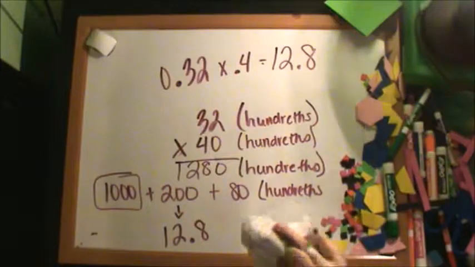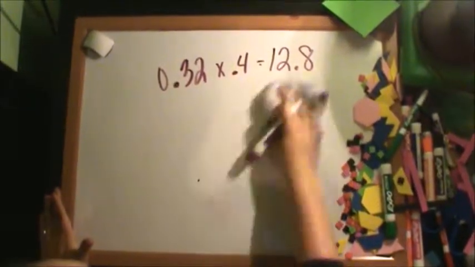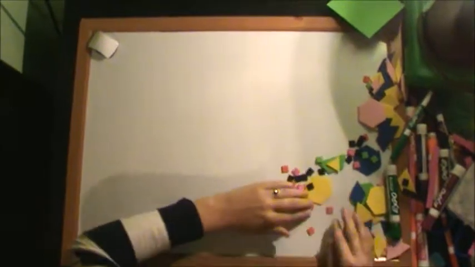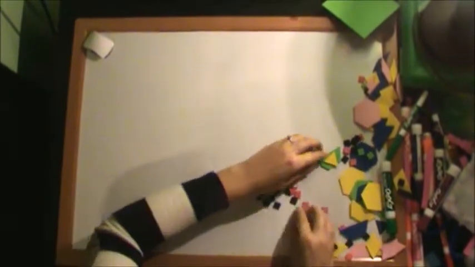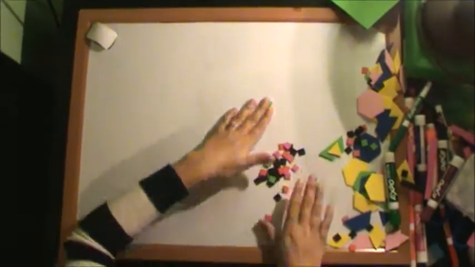Okay, so how can we show this with manipulatives? That will be my second invented strategy, because you can actually draw this as well. So these are going to be my hundredths, these little squares. These typically represent ones, but they're going to be my hundredths.